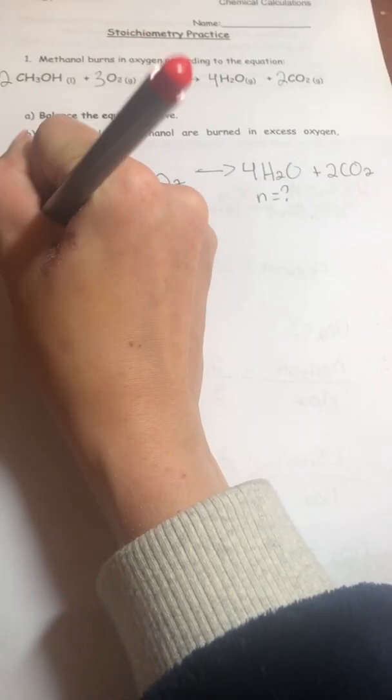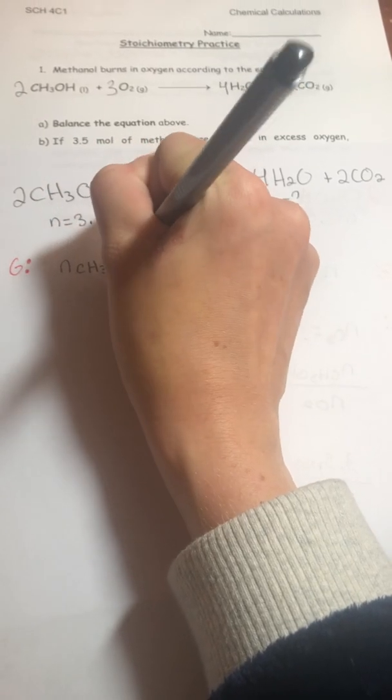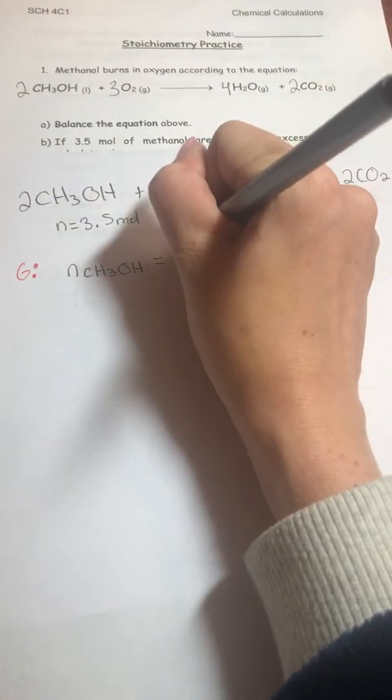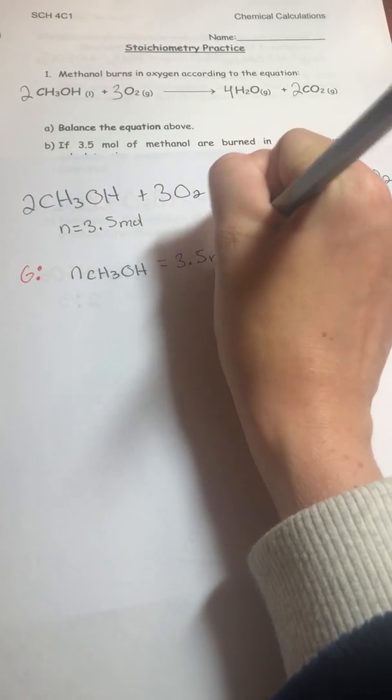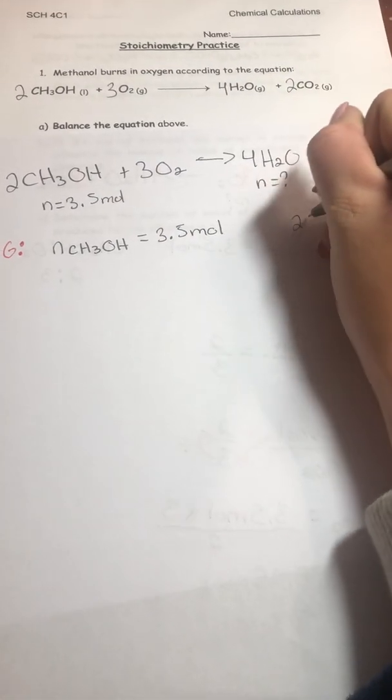Okay, so we'll start off with what's given. And we know that the ratio between methanol and water is 2 to 4.